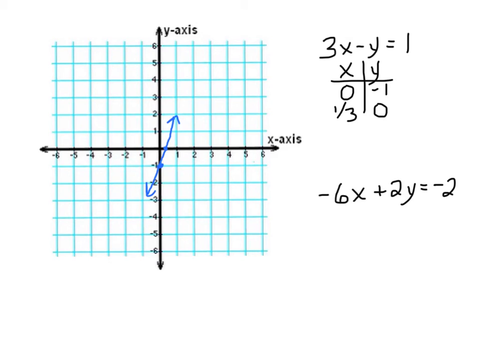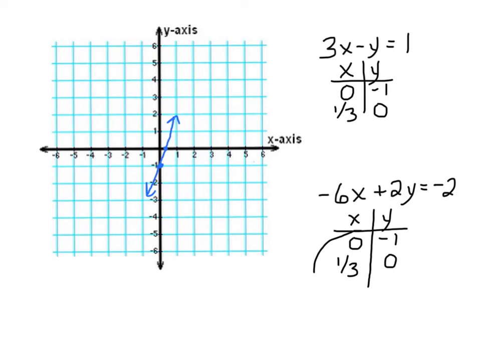As I work on doing the same thing with the other, negative 6x plus 2y is equal to negative 2, if x is equal to 0, that must mean that 2y is equal to negative 2, so y is equal to a negative 1. And if y is equal to 0, that would eliminate the 2y, so x once again would equal 1/3.